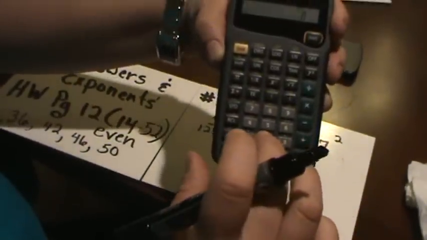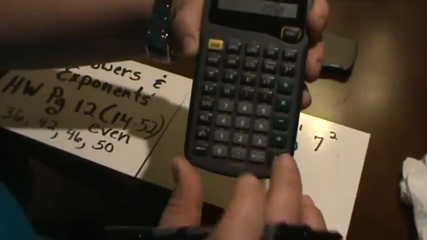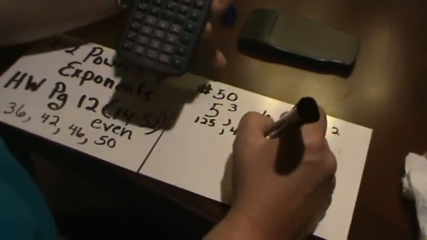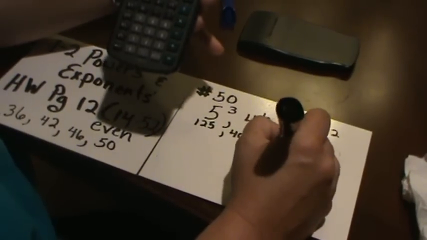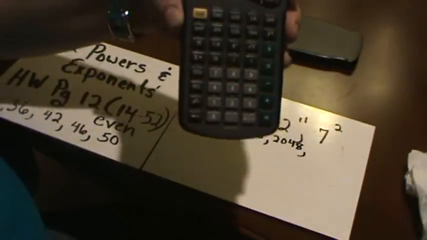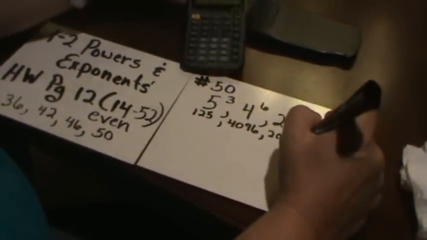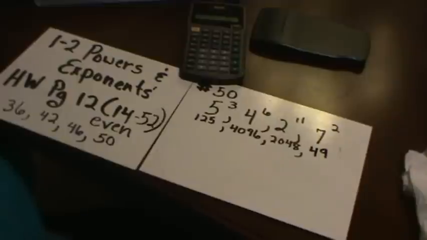I want to check that one. Yes, it's correct. Then 2, y to the x, 11, and I get 2,048. And then 7 squared, I know without using my calculator, is 7 times 7, which is 49.